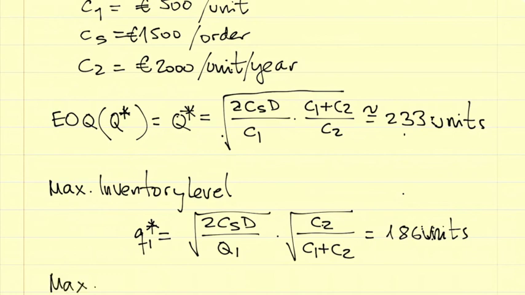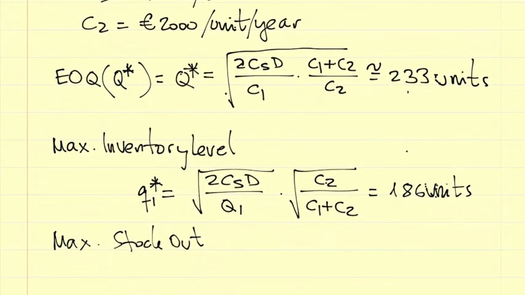The maximum stock out is Q2 star, Q star minus Q1 star, equals 47 units.